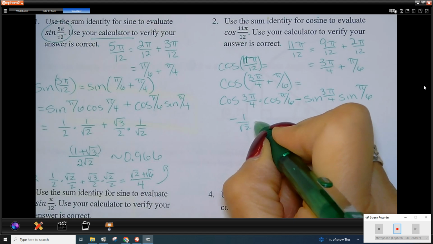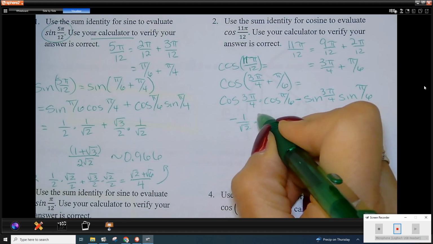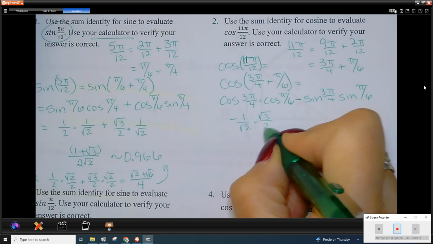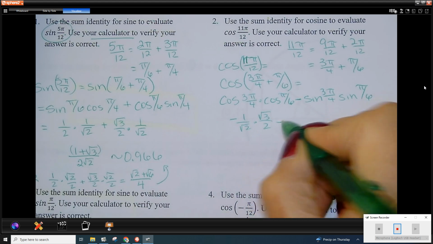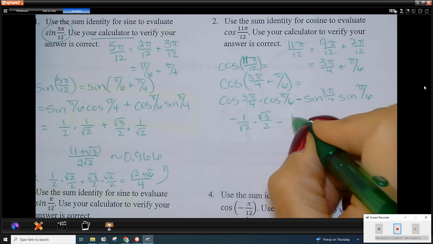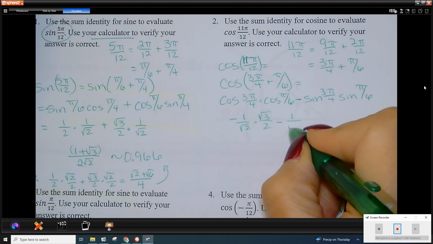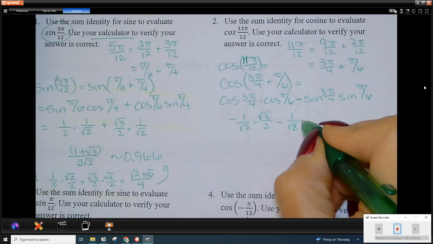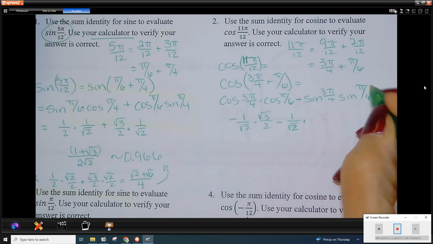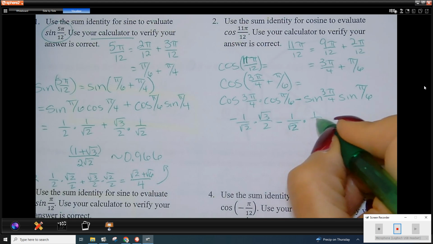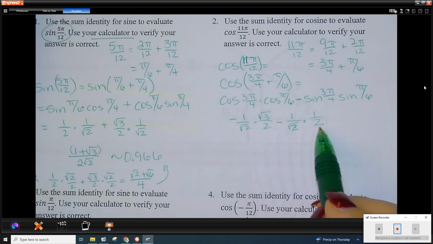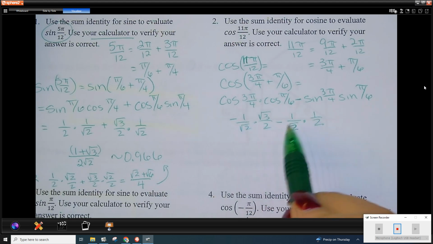Cosine pi over 6 is square root of 3 over 2 minus sine of 3 pi over 4, which is a positive y, so it's this positive, times sine of pi over 6. So again, in the denominator, we have the same thing, 2 square root of 2, 2 square root of 2.